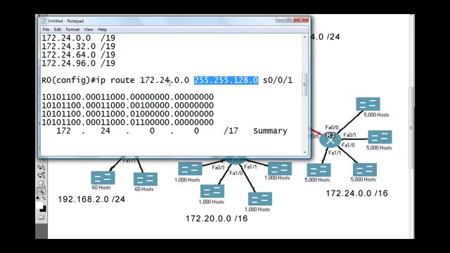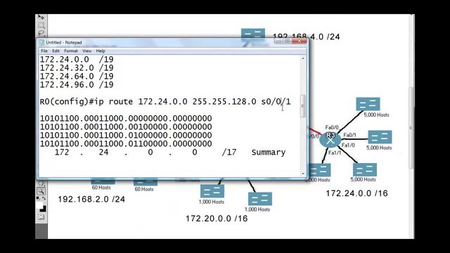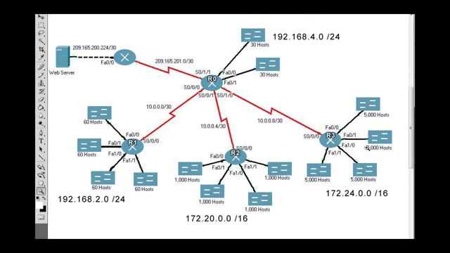So 17 bits in the subnet mask equals 255.255.128.0. And the serial interface would change to serial 1/0, and of course we have the 172.24, and that's different. So that's the last summary route that we would need, and it would allow us to reach these 4 networks right here.